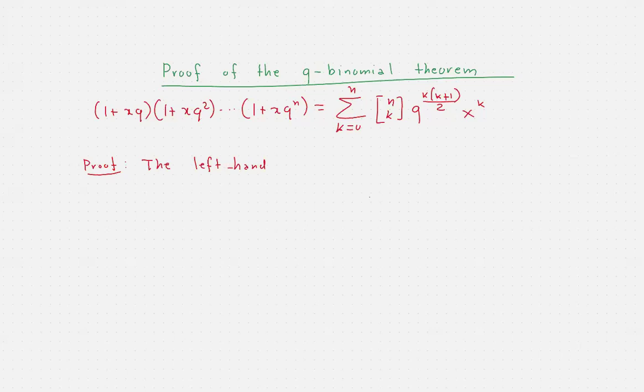And the left-hand side foils to an expression of the form sum from k equals 0 to n of a_k(q) times x^k, where, let's see what happens. So these are polynomials in q.